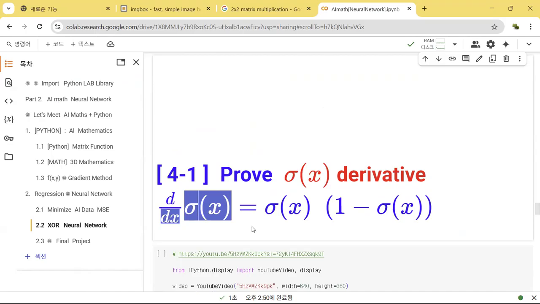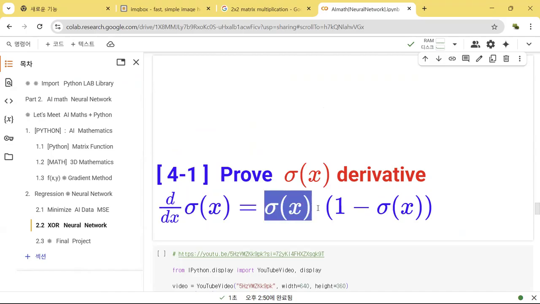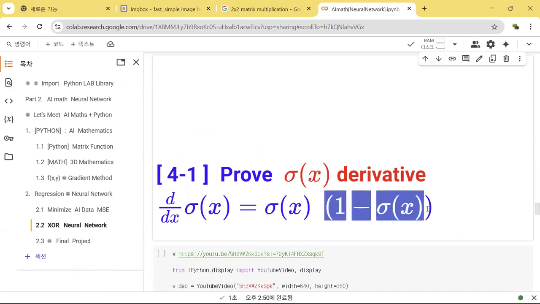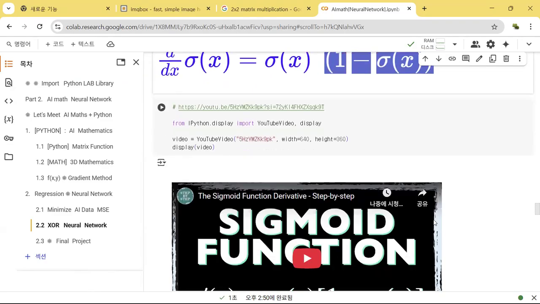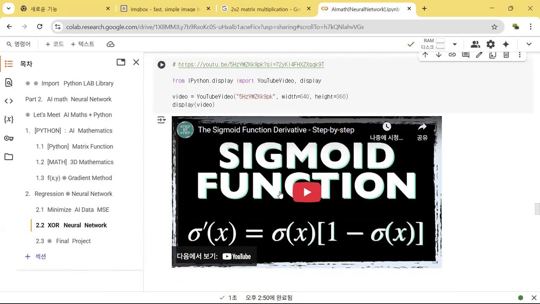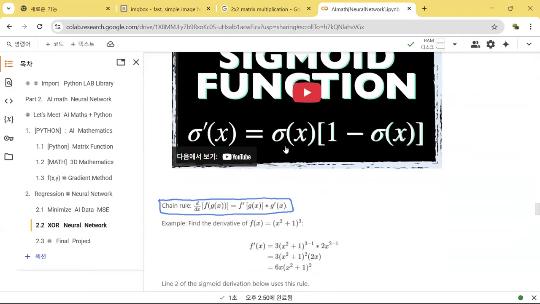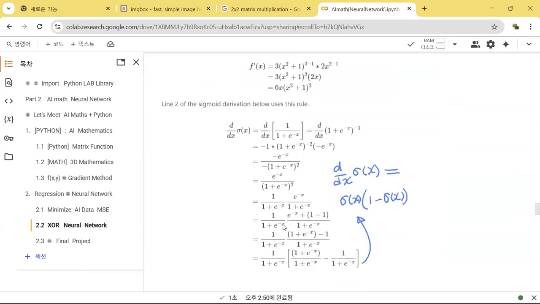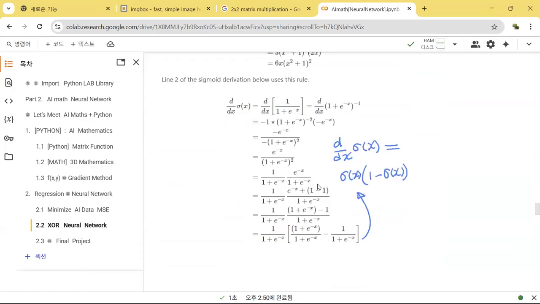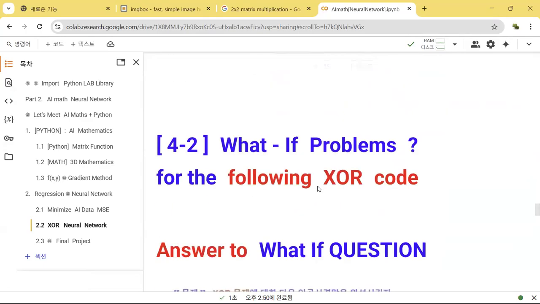From this one, the derivative of the sigmoid function is this one times this one. Yeah. Please study this YouTube video. Okay, this is a very nice explanation. The explanation is based on this kind of mathematical computation.